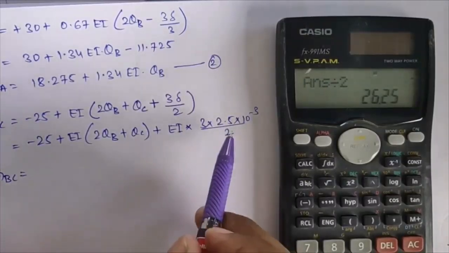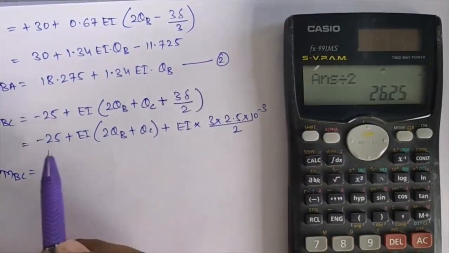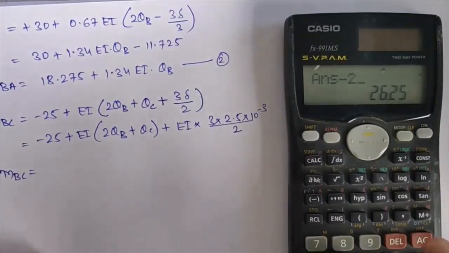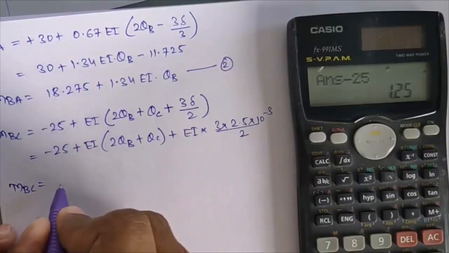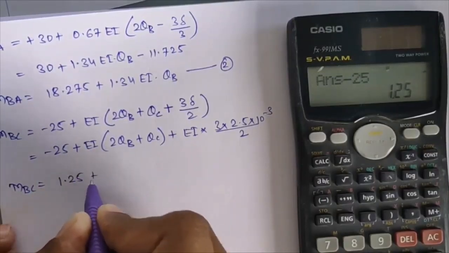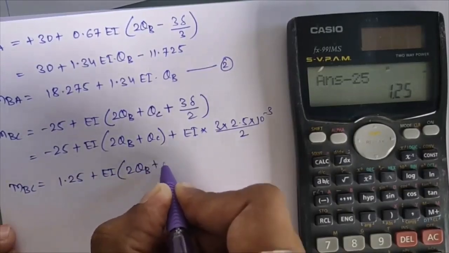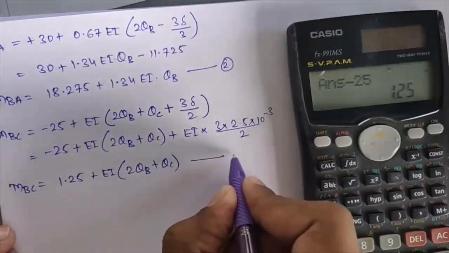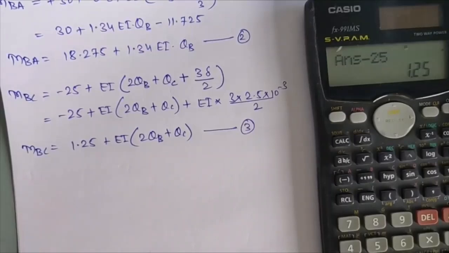So this term I am getting as plus 26.25, and minus this 25, I get the total term as 1.25 plus EI into 2 theta B plus theta C. So this will be my third equation for MBC.